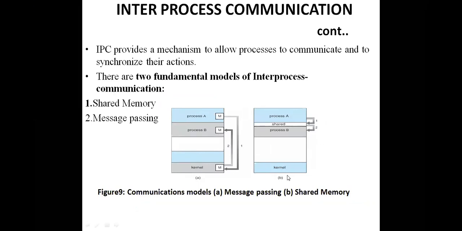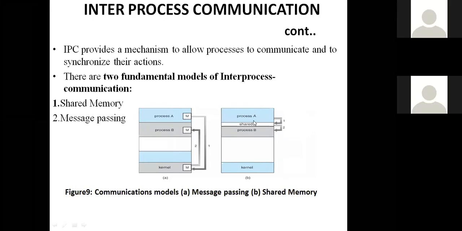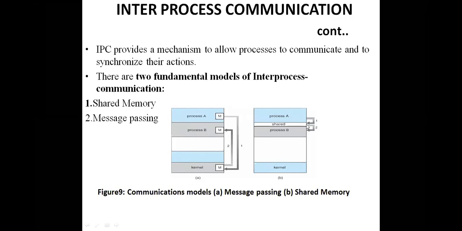And the next one is here, process A and process B. They are willing to share information. So what happens? Process A creates a shared memory region in its address space.